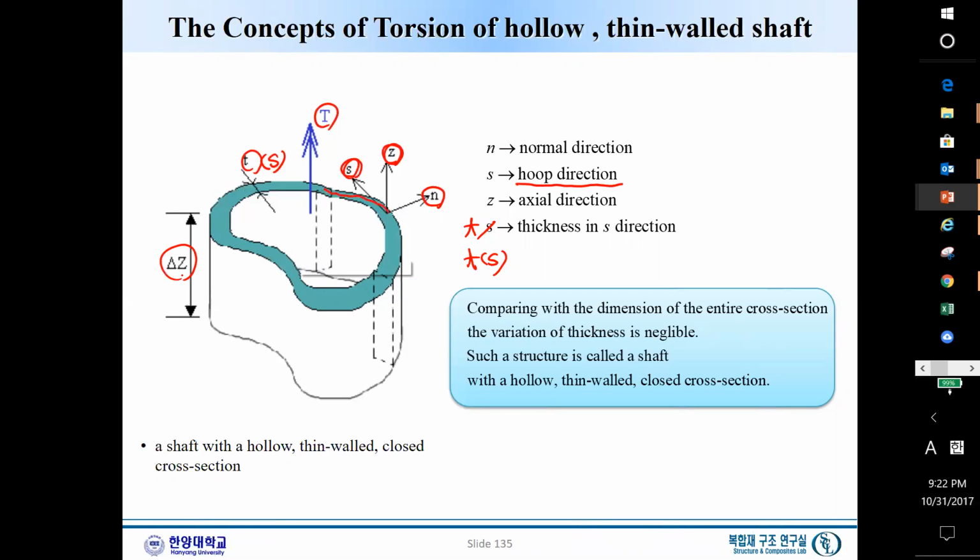And now we try to analyze this shaft, only a small portion of the shaft, delta Z. Again, this is subject to a torque T, and this will twist. With a twist, we can easily imagine that there will be some shear stress along this surface, the top surface.